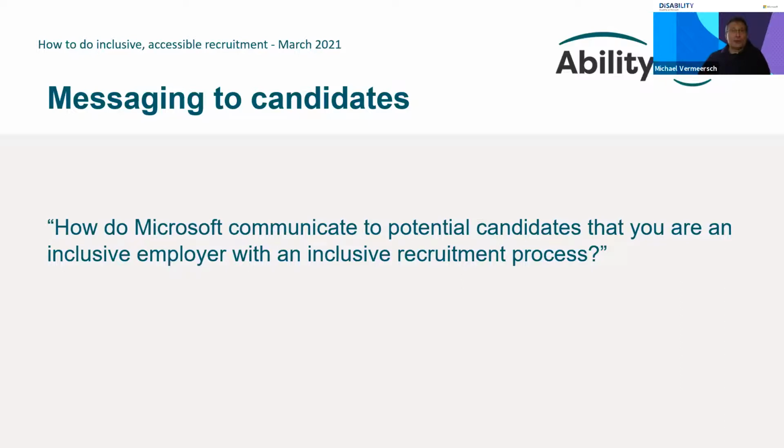We do have a career page, which is microsoft.com/careers, and when you scroll for a job, you will see a statement: if you need assistance or reasonable adjustments due to a disability, we're mentioning that straight in there. And I think that's really key, to be open and transparent there during the application or recruitment process.